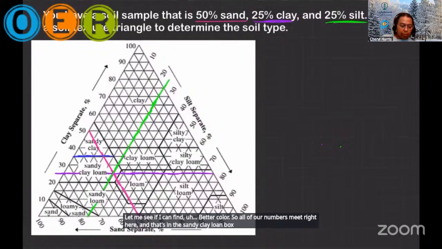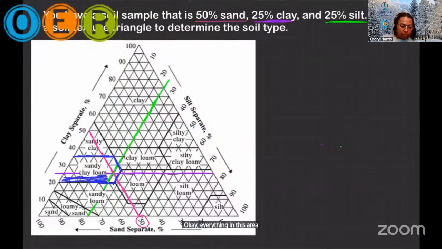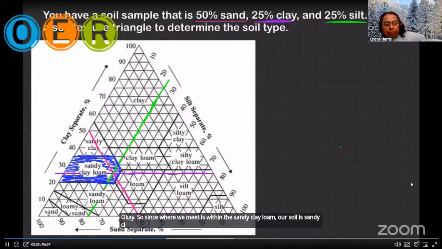So our sandy clay loam box is this. Okay, everything in this area. So since where we meet is within the sandy clay loam, our soil is sandy clay loam.